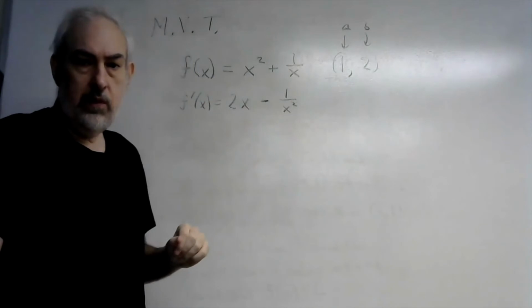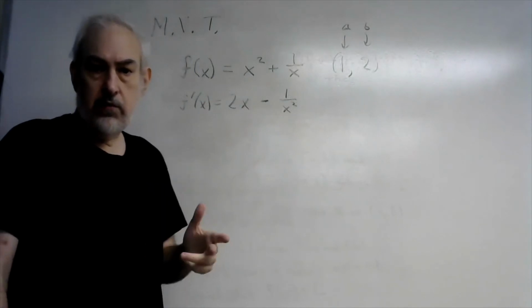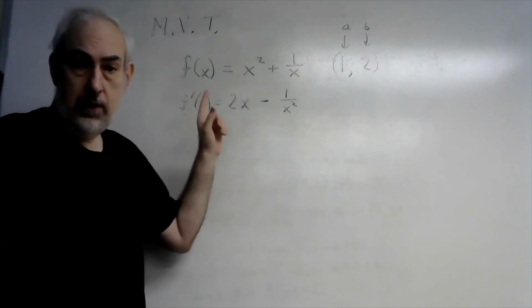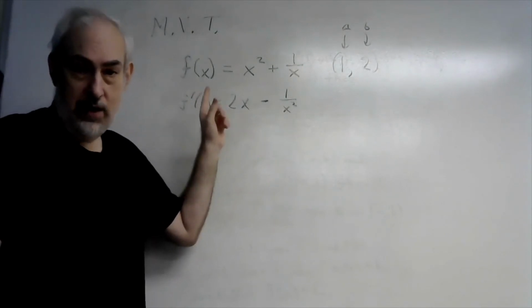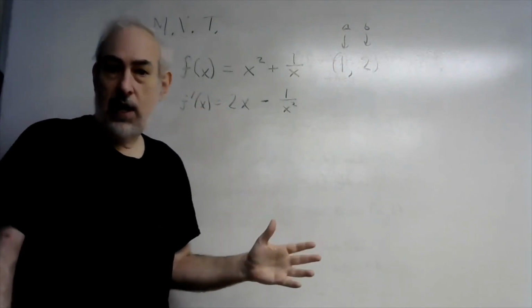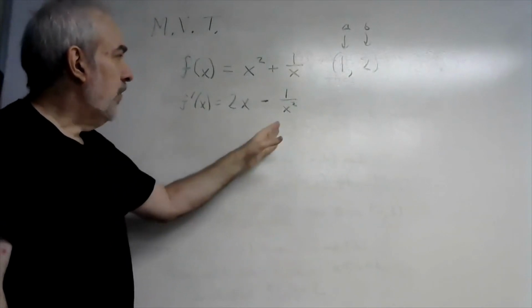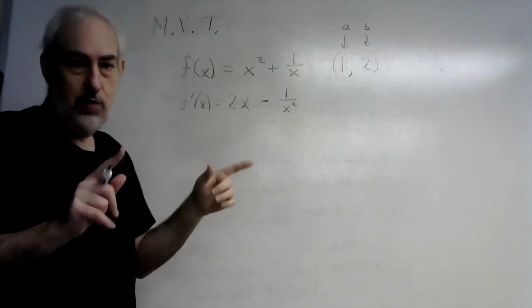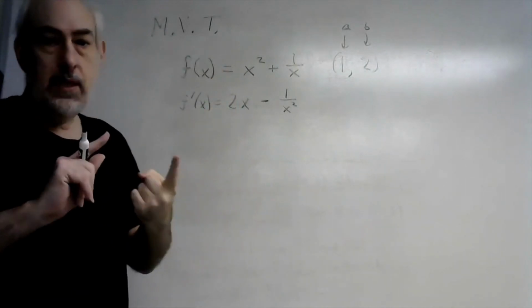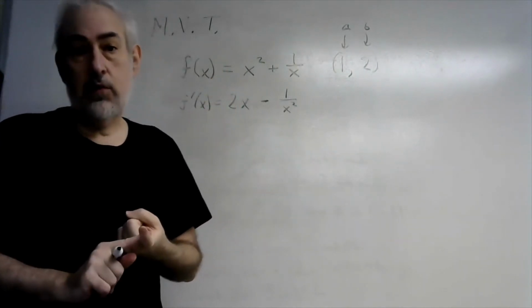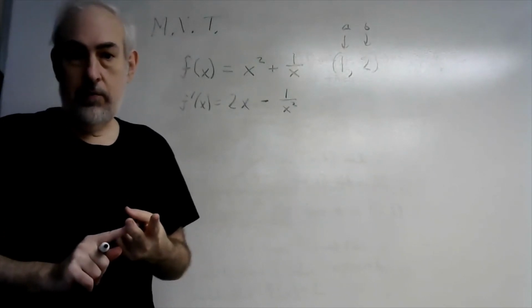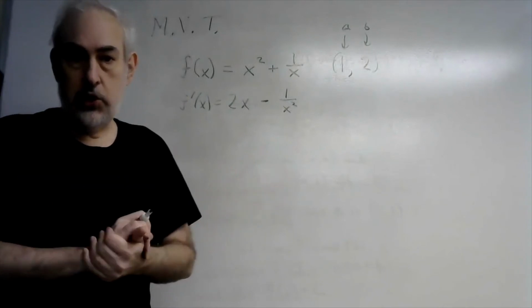Therefore, the derivative exists, and if the derivative exists, that means the function must have been continuous, because differentiability implies continuity. This also exists at the two endpoints, so the original function is continuous even at the two endpoints. So the original function is continuous on the closed interval, and the derivative exists on the open interval. That's all that we needed to check.